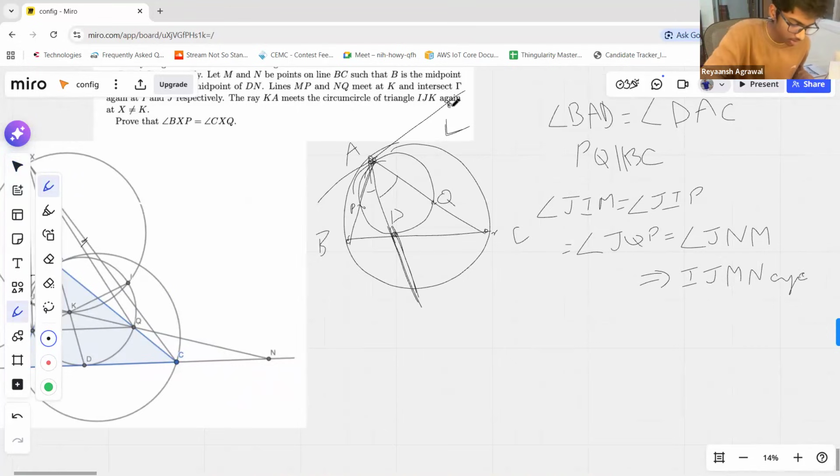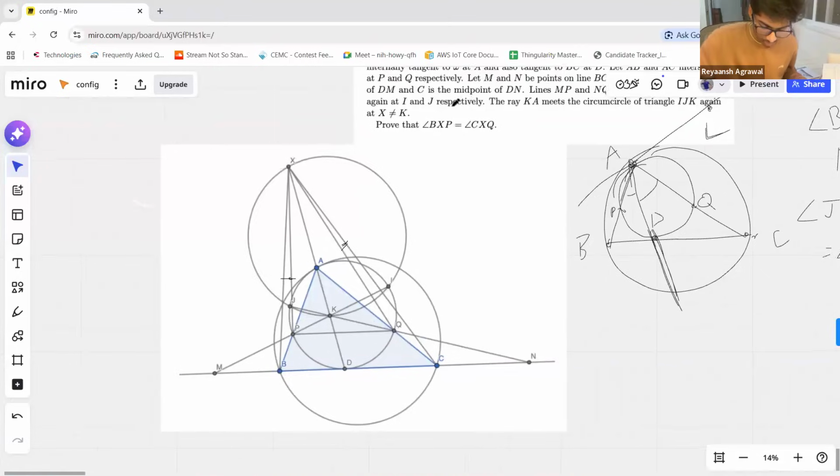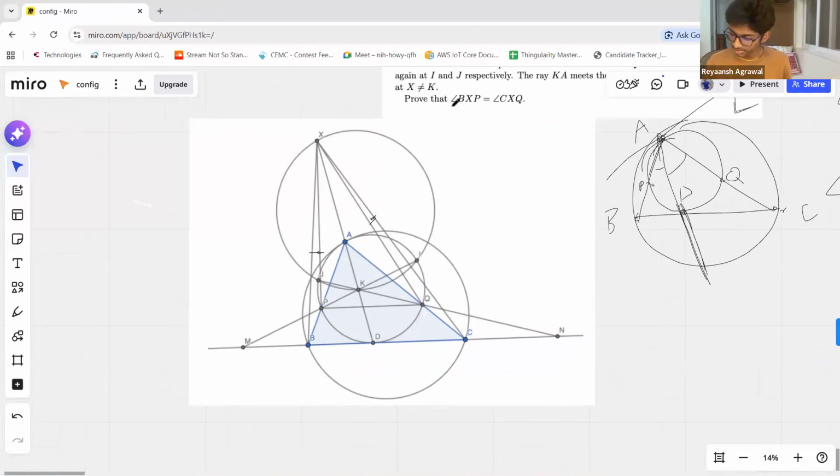Okay. What other cyclic quadrilaterals can we see? Maybe given the parallel condition, you can try doing a few angle chases and see what comes up.